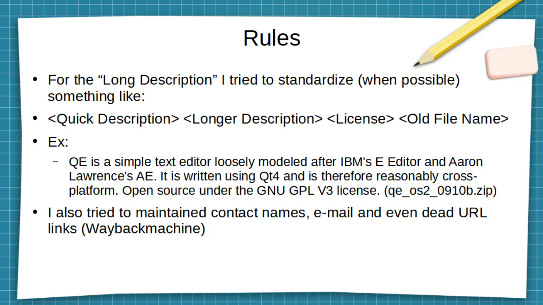And I also try to include and maintain the old developer name, old emails, and even the dead links. Why did I choose to retain the old URL there? Because the dead links can also be used with the Wayback Machine to try to recover the website. So I didn't want to remove that information from Hobbes, because I still think it is important.